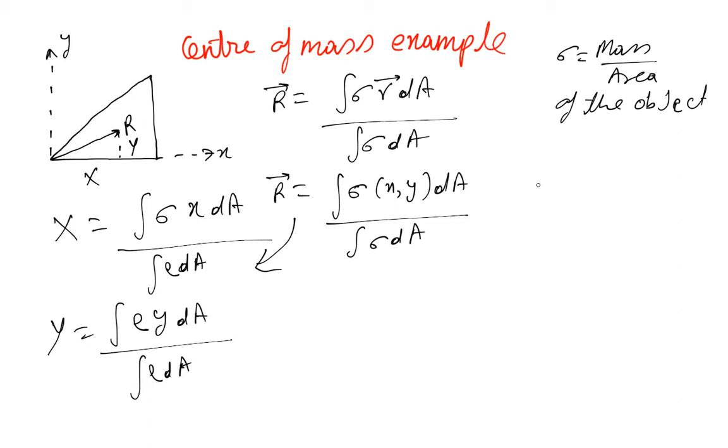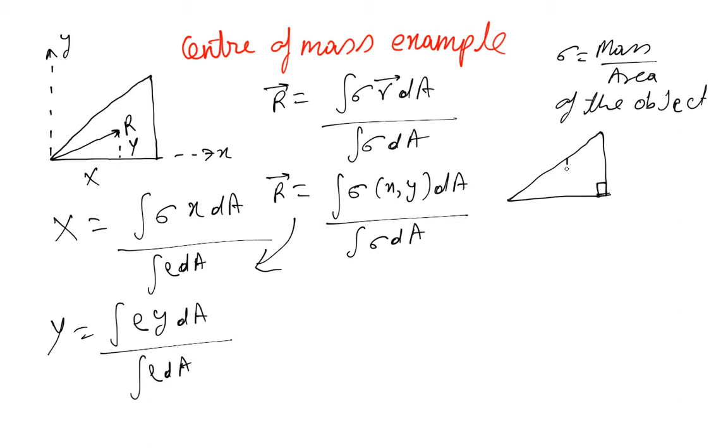So we have a triangle, something like this. It's a right angle triangle. I should have mentioned it initially, but let's assume it right now. It's a right angle triangle, and then we have to find the center of mass. So let's see what should be dA.